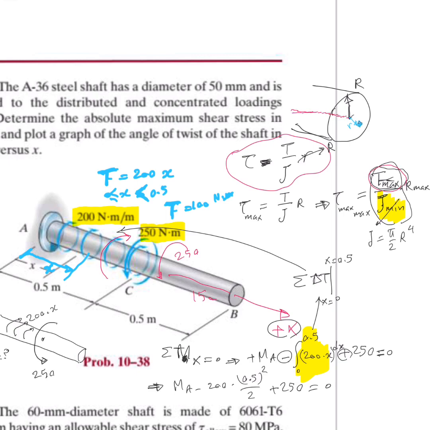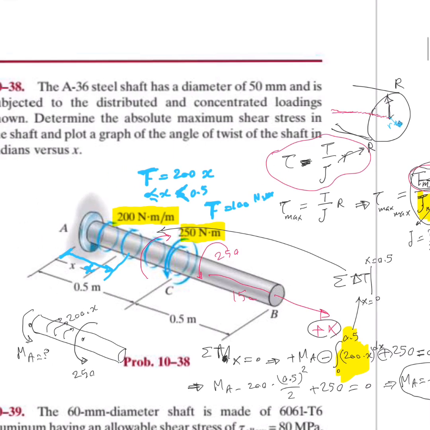If I put it in the calculator, I get 100 times... take it to the right side, half of 200 times... 250 is equal to, MA is equal to negative 225 Newton meters.